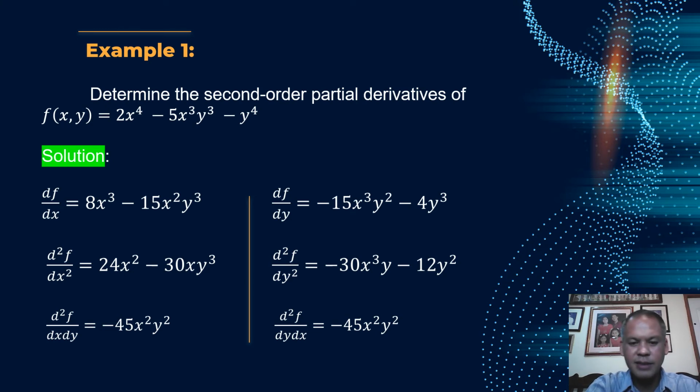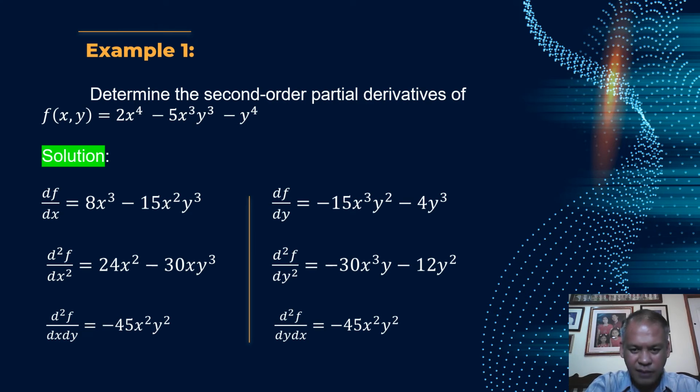And also, for the second order partial derivative of the function with respect to y and x, again, we are going to base this on the derivative of the function with respect to y. So, if we have the derivative of 15x cubed y squared with respect to x now, considering y squared as a constant, this will become negative 45x squared y squared.